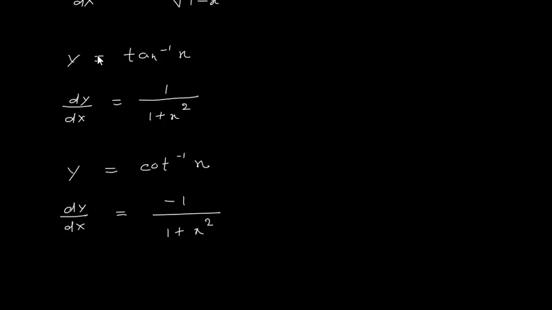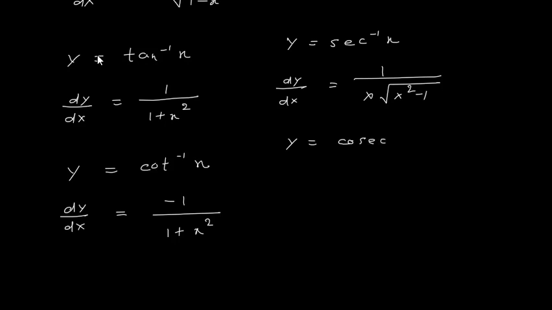When y is equal to sec inverse x, dy upon dx is equal to 1 upon x root of x square minus 1. And finally, when y is equal to cosec inverse x, dy upon dx is equal to minus 1 upon x root of x square minus 1.